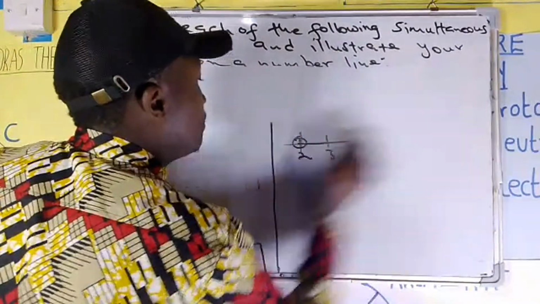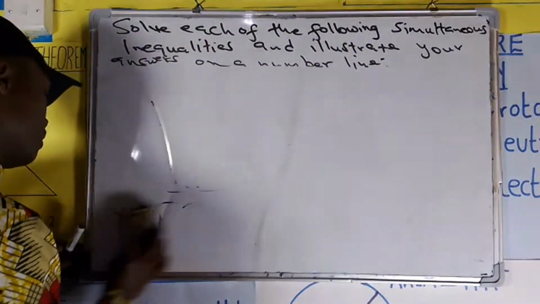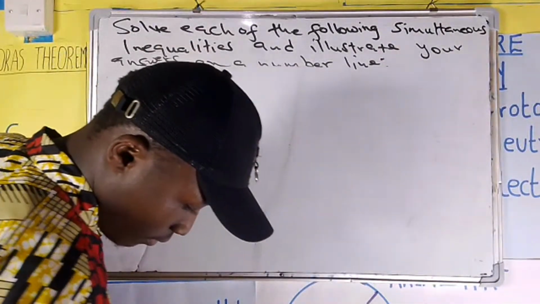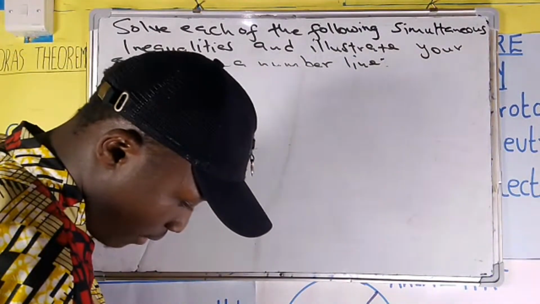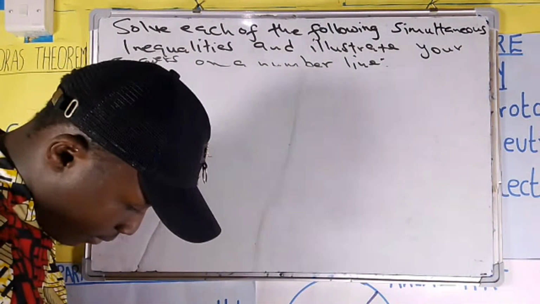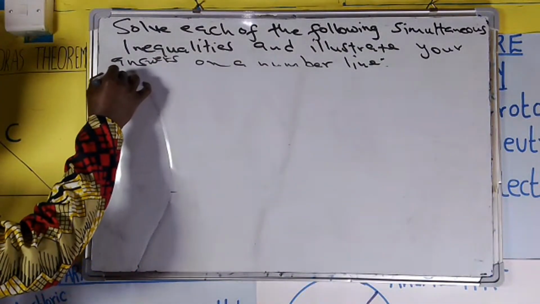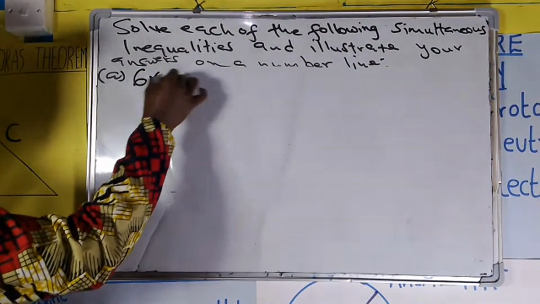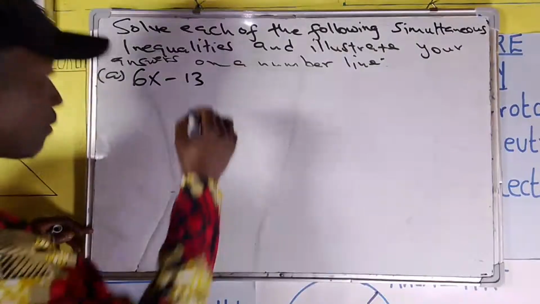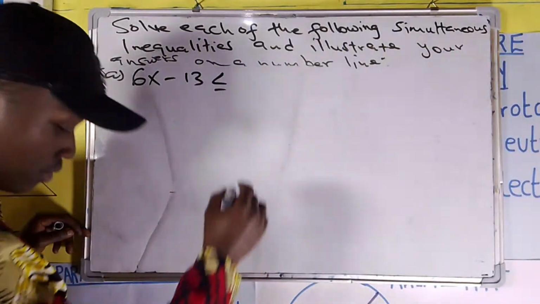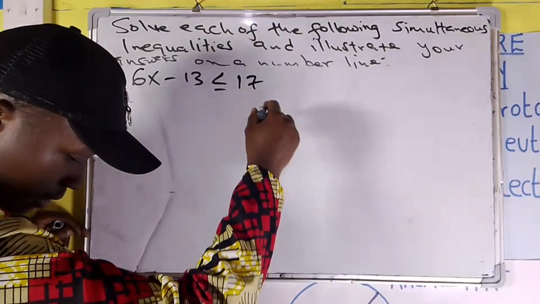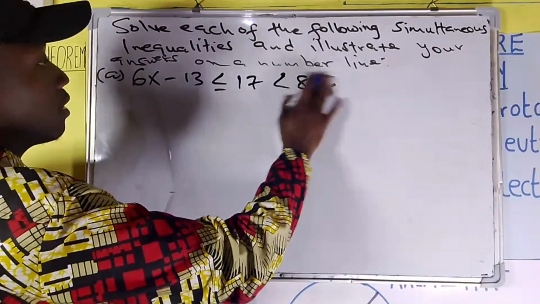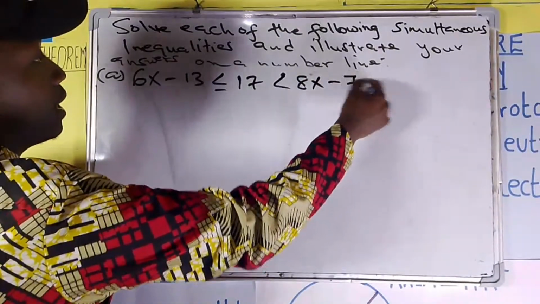Let's do the second one. The second one, this is quite a different one. 6x minus 13 is less than or equal to 17 is less than 8x minus 7.